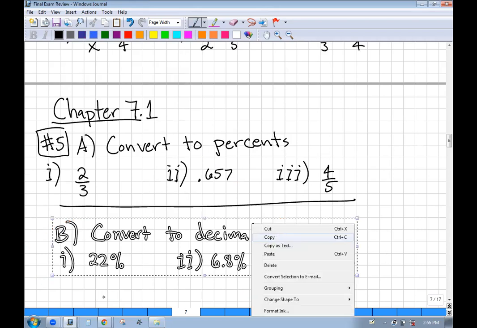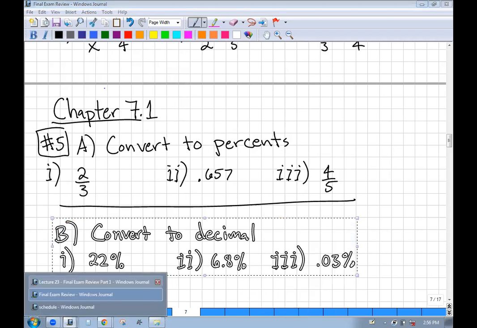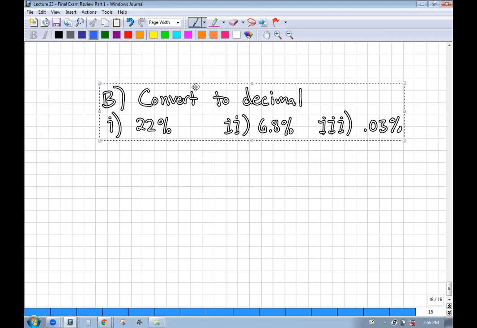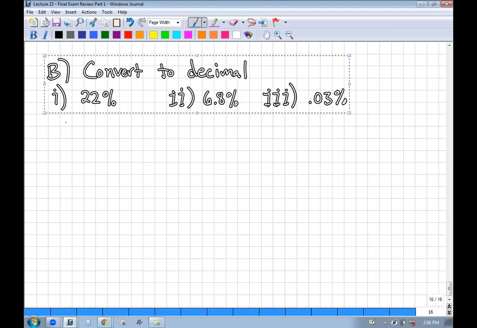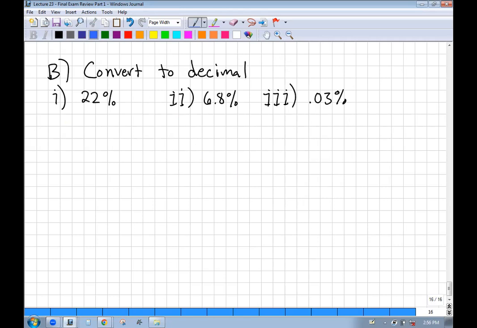Going the other way. So 22%, what kind of work can we say? This is 22% or per 100, which would be 0.22. This would be 6.8 per 100.